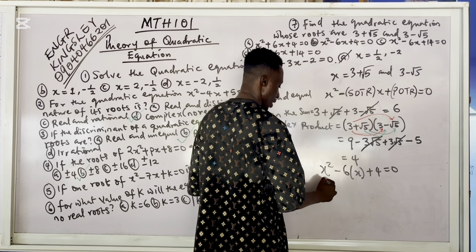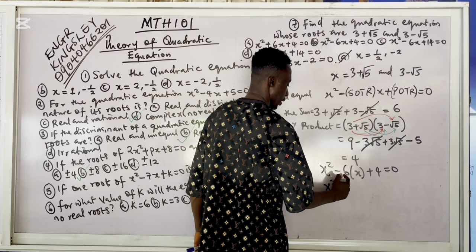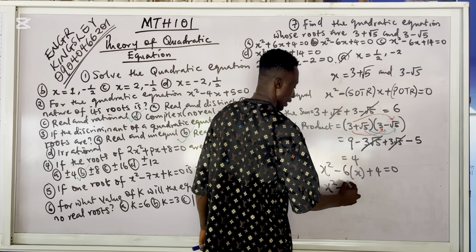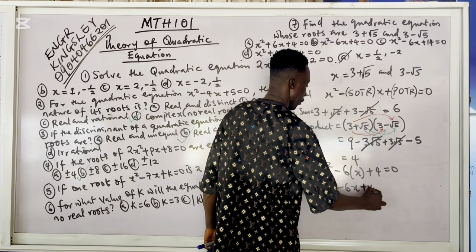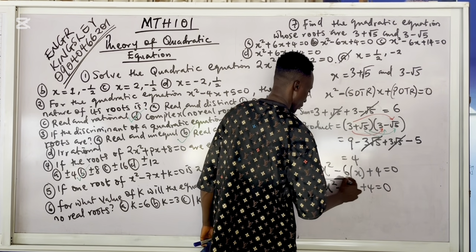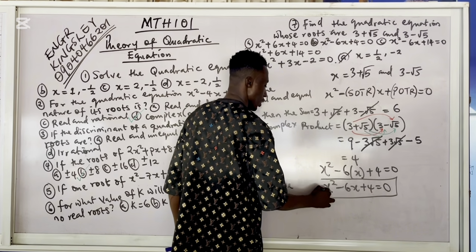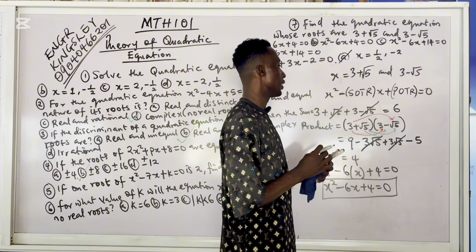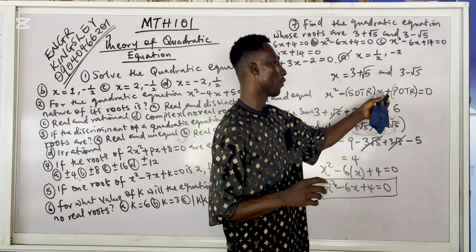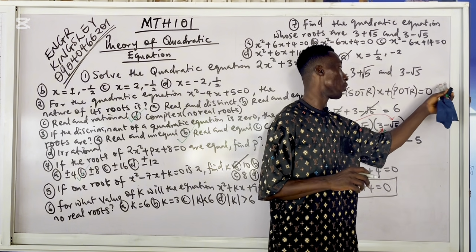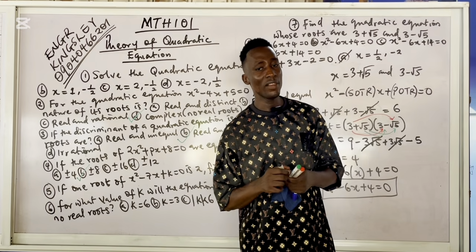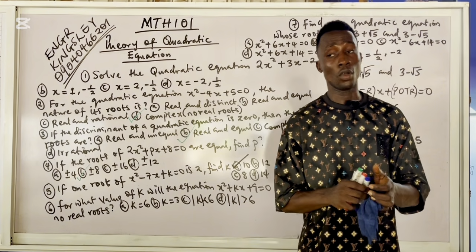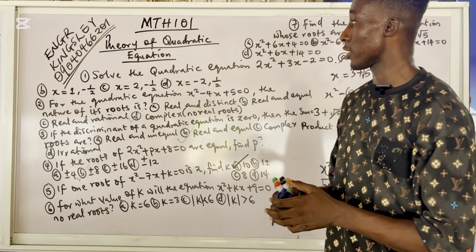So we have the quadratic equation to be x squared minus 6x plus 4 equal to what? 0. So to find the equation whose roots are given, one has to use x squared minus the sum of the roots x plus the product of the roots equal to what? 0.